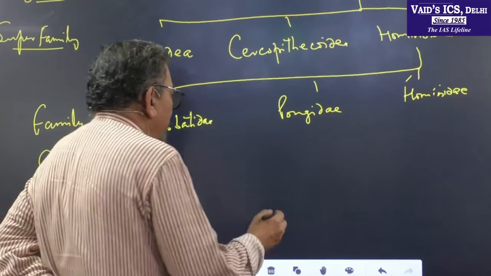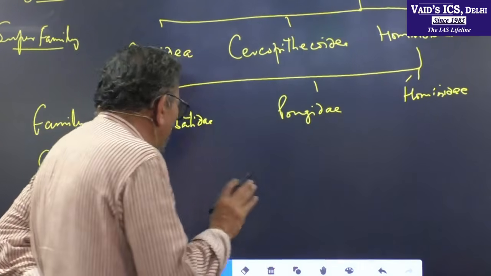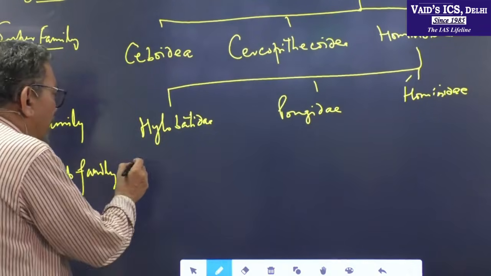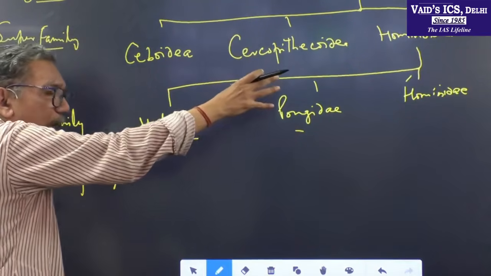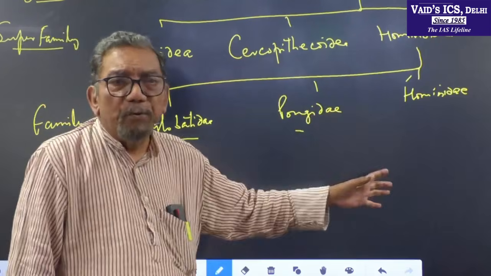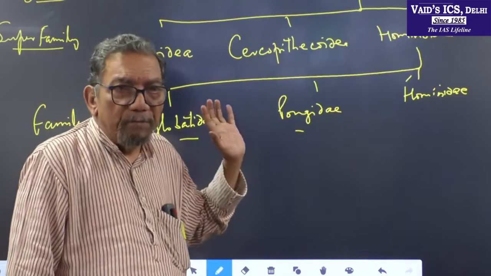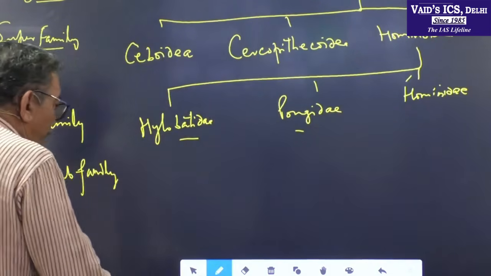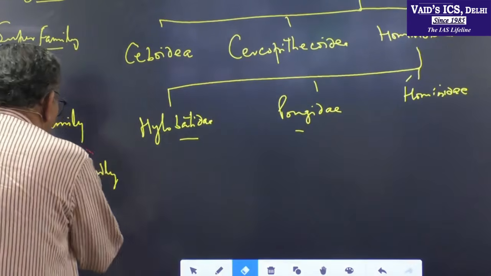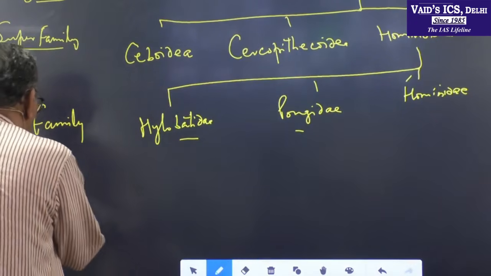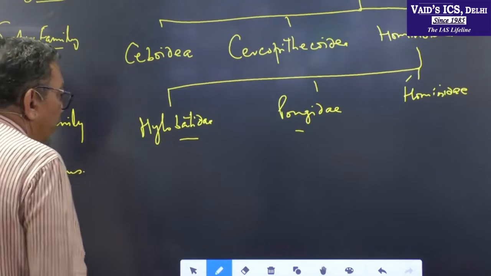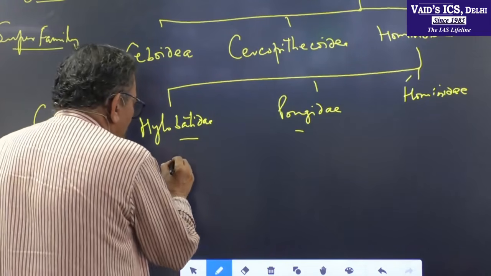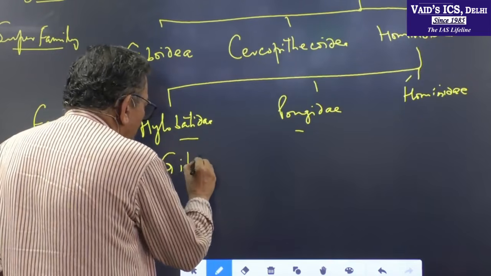Here we have, but before that, let me tell you, as we move on, we are approaching the human evolution only, we are excluding the rest. So before we exclude them, here we will talk about genus. In Hylobatidae, there is only one genus, gibbon.